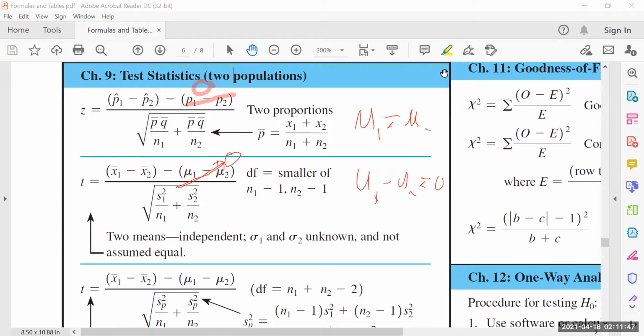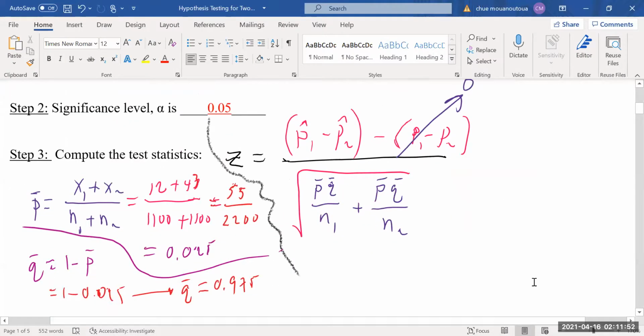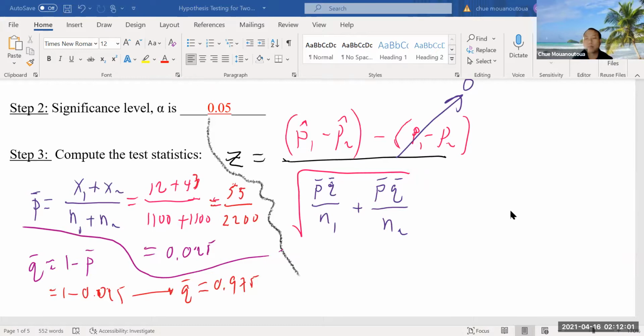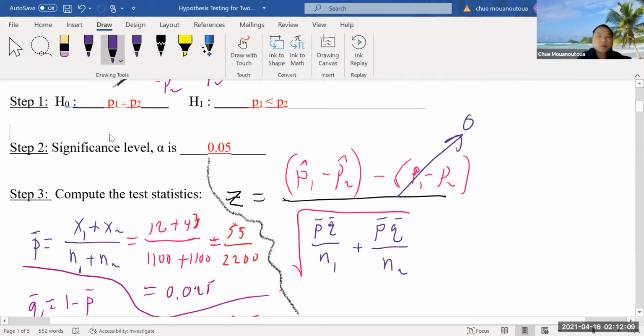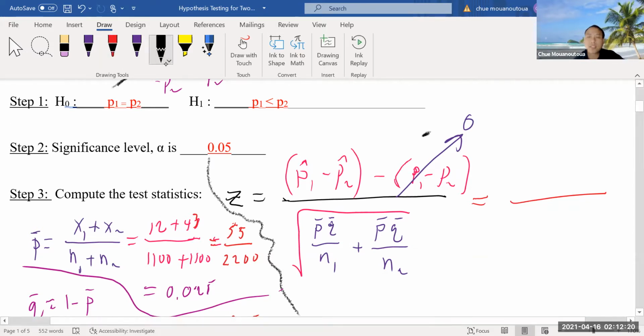All right, now let's go back to the formula here. We're going to go ahead and plug our numbers into our formula. I'm going to totally ignore this part here because it goes to 0. It's just not there. So we go P hat 1 minus P hat 2.